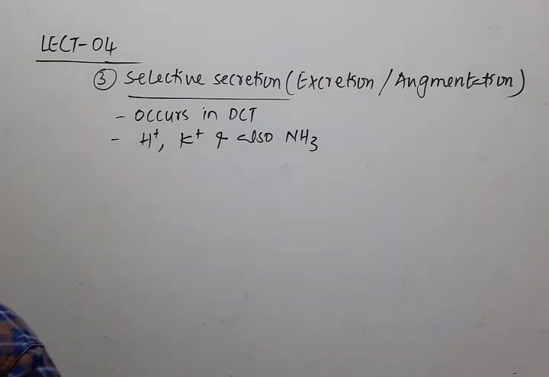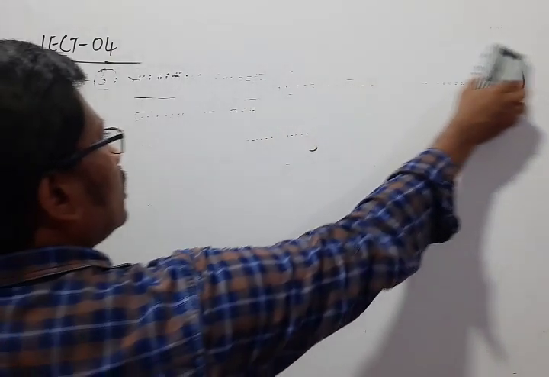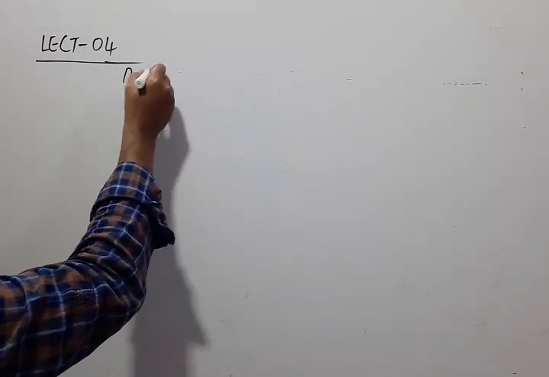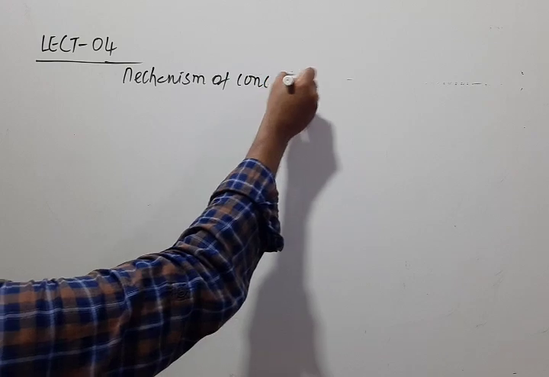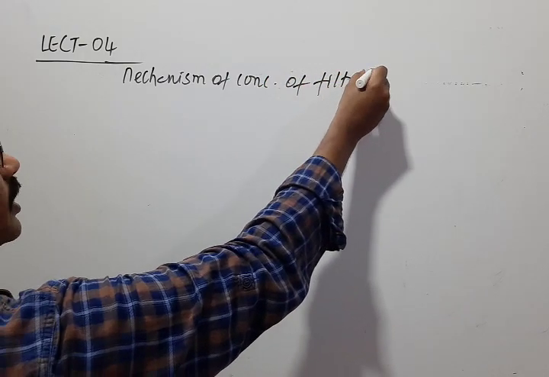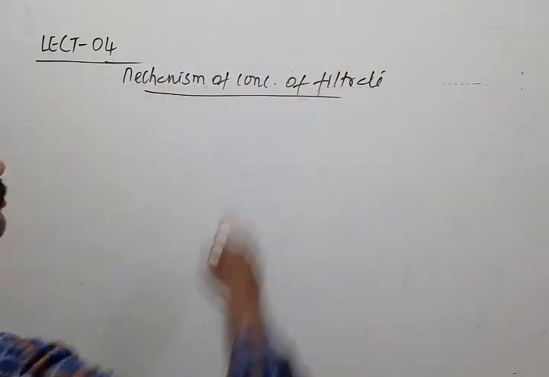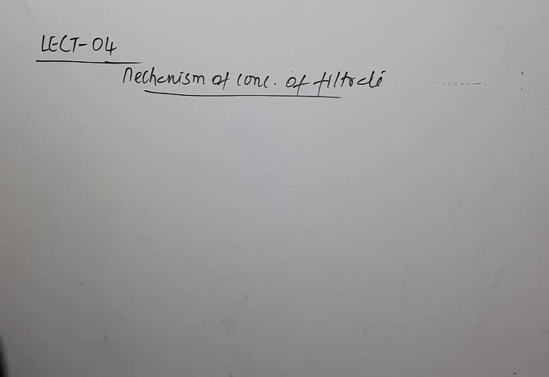Now we will see the mechanism of concentration of the filtrate. This we will see with the countercurrent multiplier system. Mammals have the ability to produce concentrated urine.